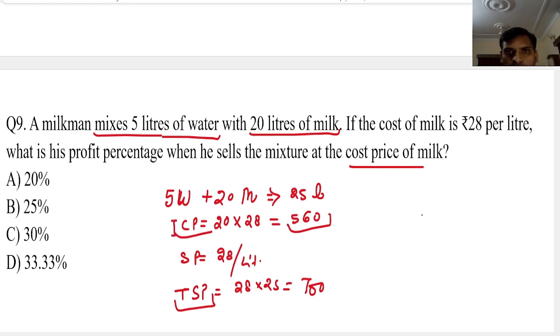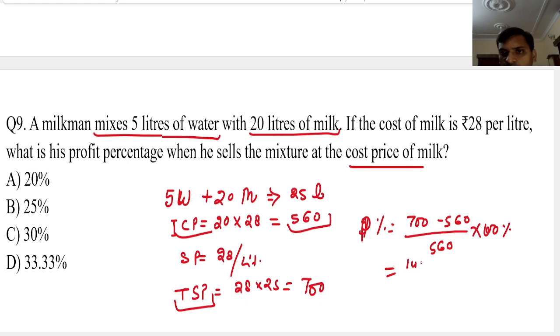Now we need to find the profit percent. So gain percent equals selling price 700 minus cost price 560, divided by cost price 560, multiplied by 100%. On solving, this is 140 upon 560 multiplied by 100, then you will get 25% profit. So the correct option is B.